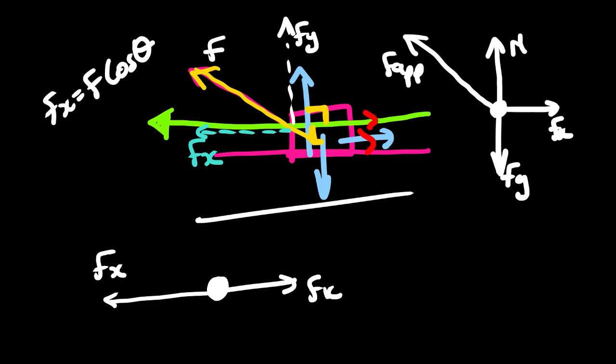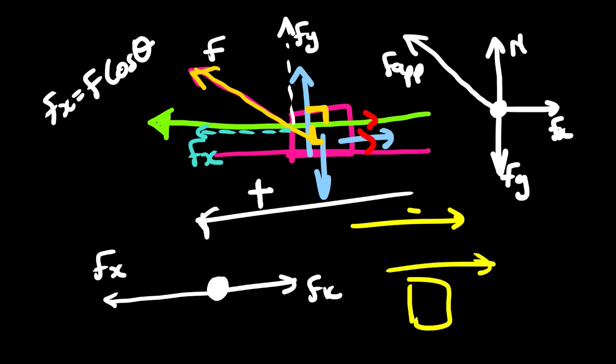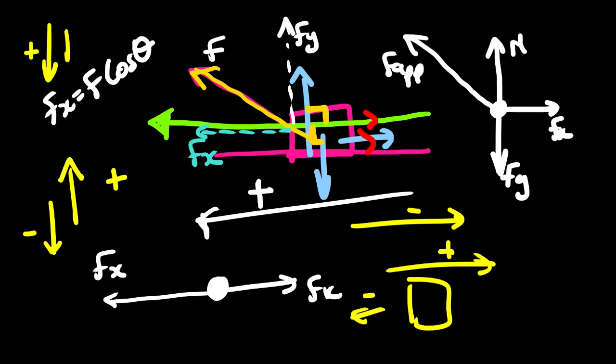This object is moving to the left. Then we are going to take left as positive, and then we take the opposite direction, which is right, as negative. If the object was moving to the right, we take right as positive, left as negative. If the object was moving up, we take up as positive, down as negative. If the object was moving down, we'll take down as positive, up as negative.